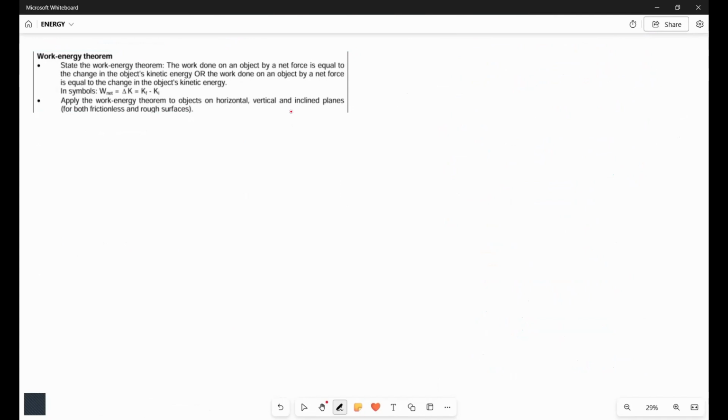It says, state the work energy theorem as the work done on an object by a net force is equal to the change in the object's kinetic energy.